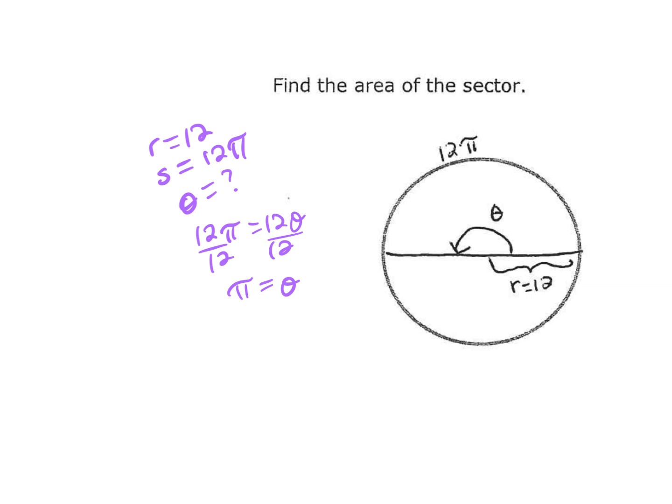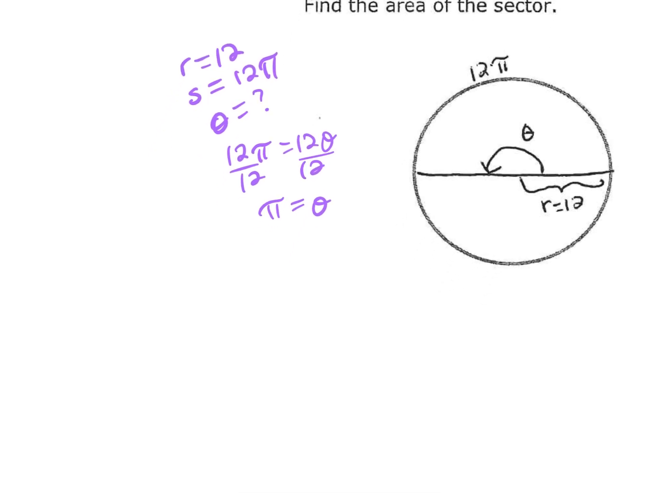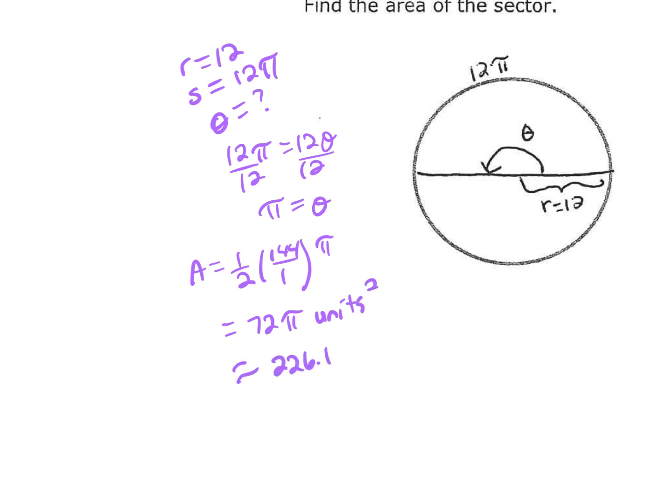And now we can plug into that formula. So A is equal to 1/2 r squared times theta, so that's going to be 144 times pi. Half of 144 is 72 pi, and we don't have units again, so units squared, and that's approximately 226.195 units squared.